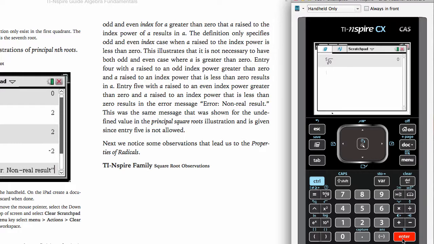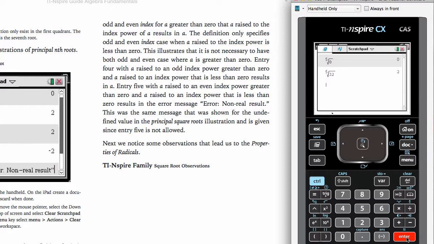The next one we'll want to look at is an odd index for a positive number. So we'll hit Control, get our index to be 5, move over, 32, press enter, get the answer to turn out to be 2.